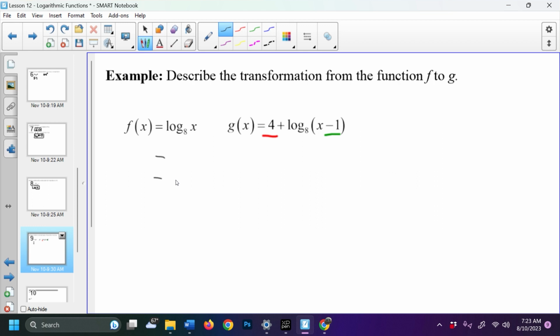So if I pick a value, let's say I pick 5 for x, and I plug in, what is the first thing that's going to happen? Well, I'm going to subtract 1. So if I'm subtracting 1 from the variable, then that is going to be a translation 1 unit right.